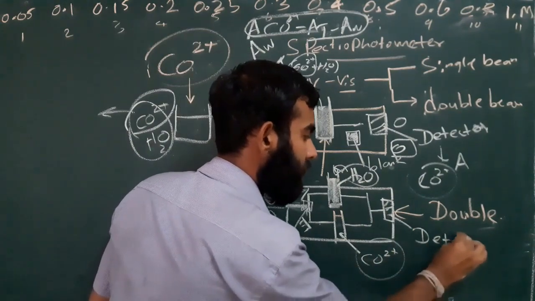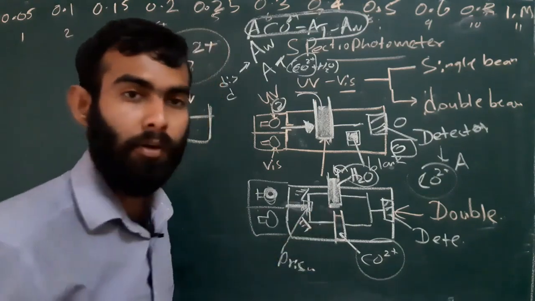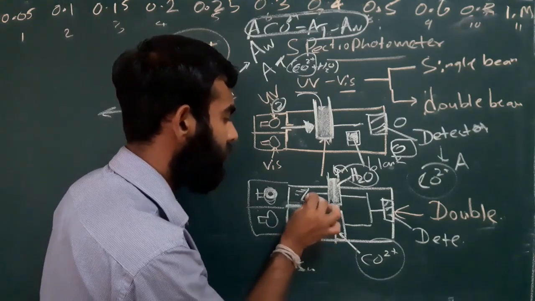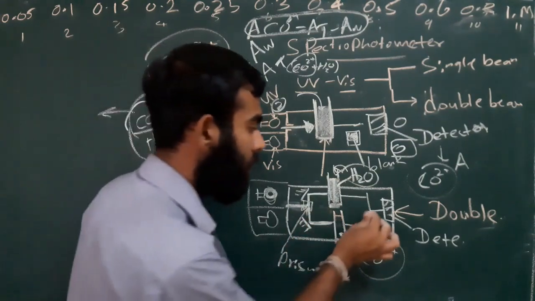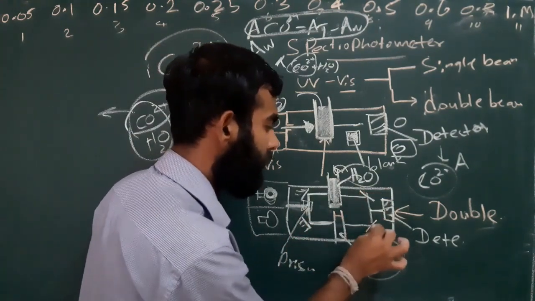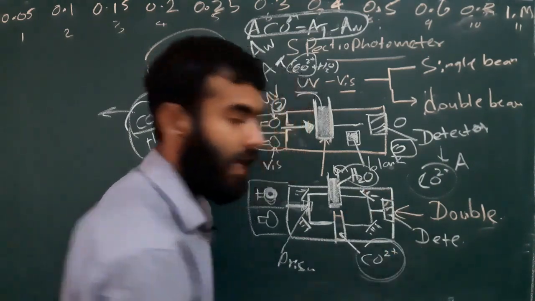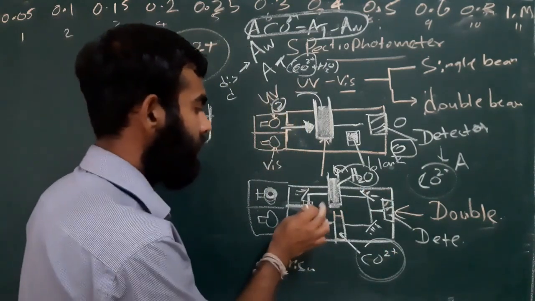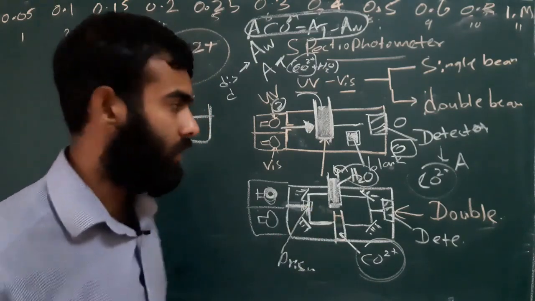We don't want to change the blank again and again in the double beam spectrophotometer. One light radiation will pass through the blank and the other will go through the solution. So automatically the reading will give the absorbance of our cobalt ions. That's the beneficial thing in this double beam spectrophotometer. Okay.